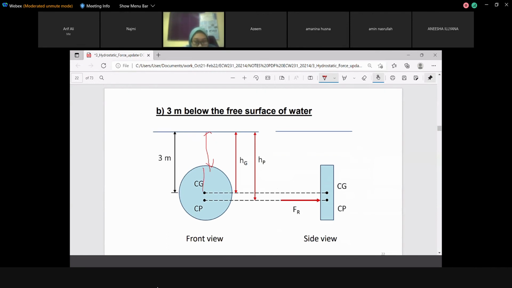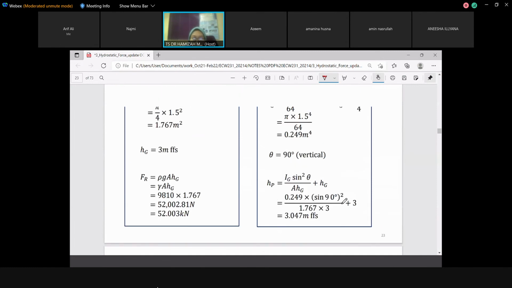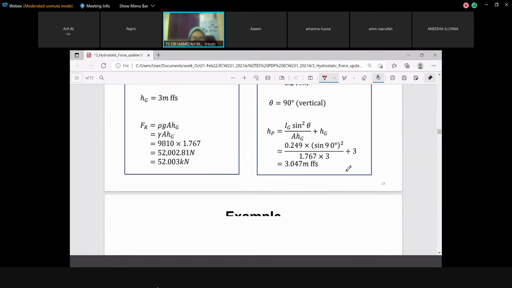Kat sini tadi 0.75 kan? So, the question can give you the length to the center of gravity, or you can calculate center of gravity plus the h. Okay, later you can go through the video again. Kalau ada soalan boleh tanya saya on this.